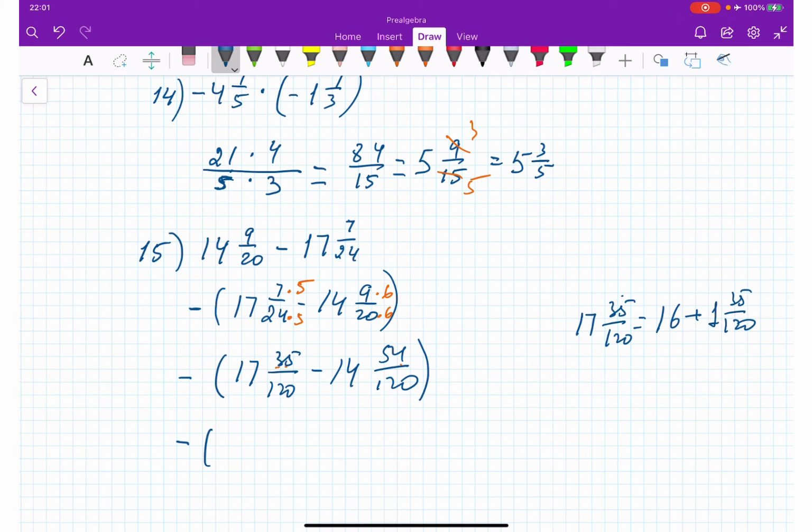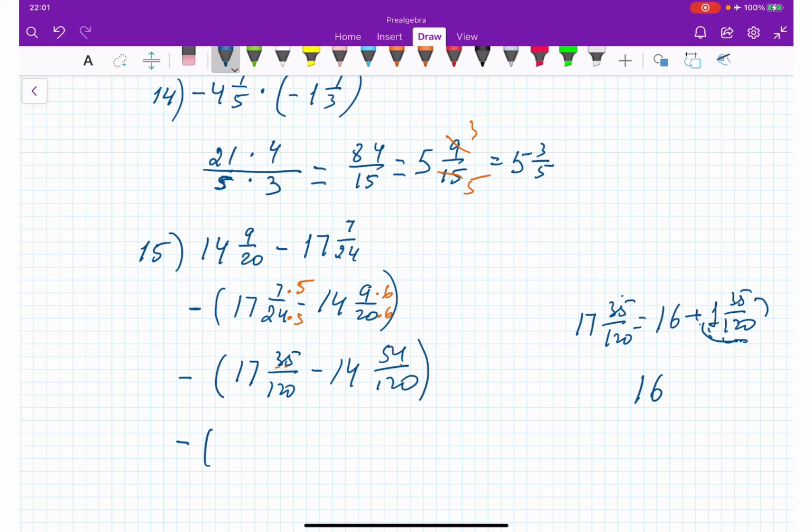It's the same, but I want to add this 1 to the fraction to convert into improper fraction. So it's going to be 16, and then 1 times 120 is 120, plus 35, it's going to be 155.